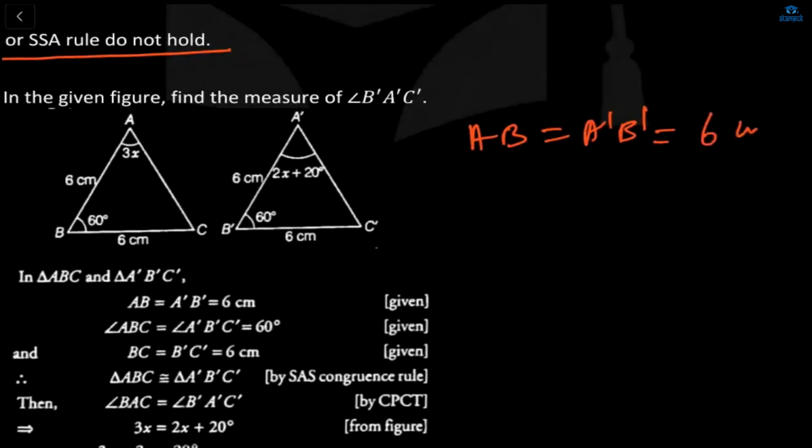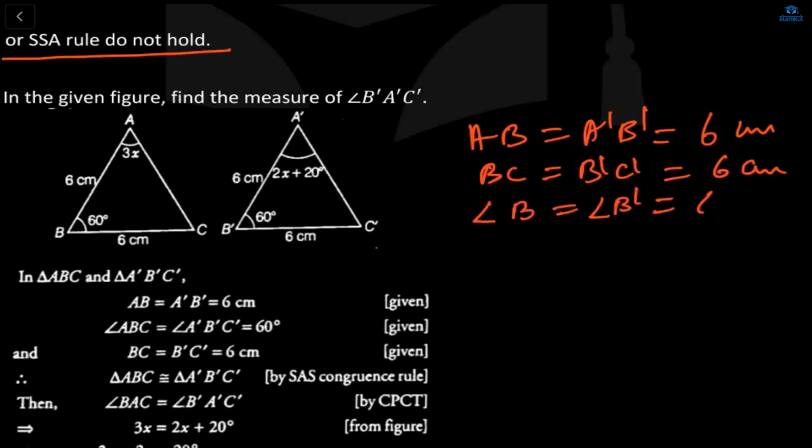One more side is also given, that is BC equal to B dash C dash, which is again equal to 6 centimeter. Understood? And angle B is equal to angle B dash, which is equal to 60 degrees. So from SAS, triangle ABC is always mentioned from which rule you are proving. Sorry, SAS.